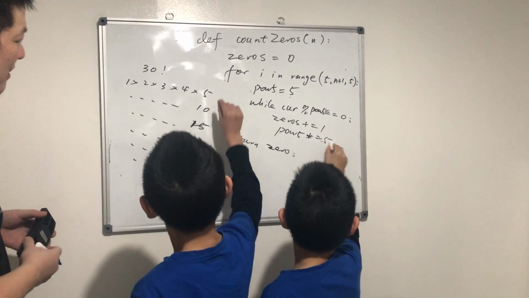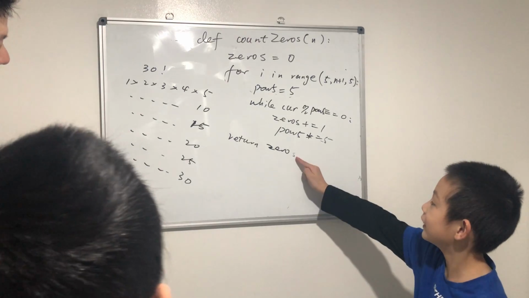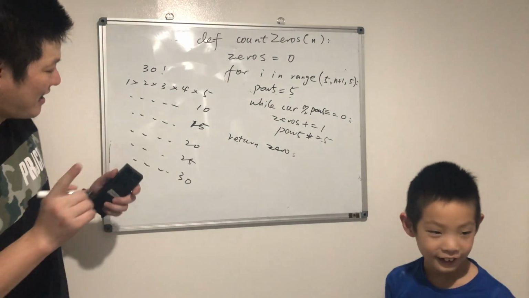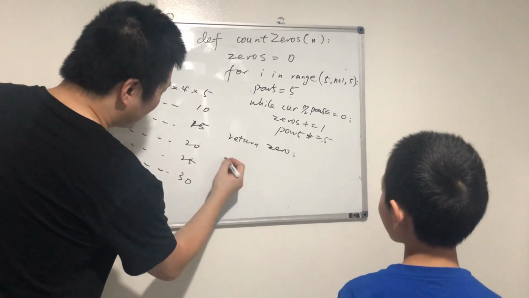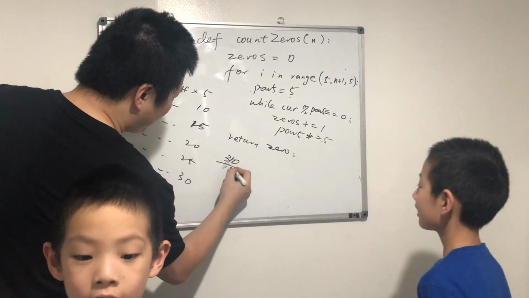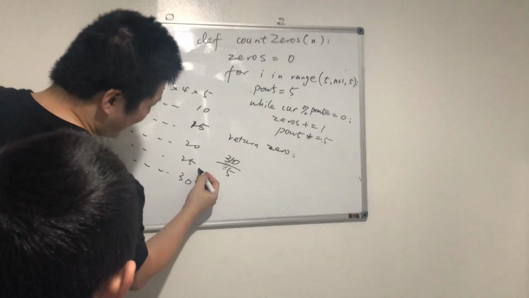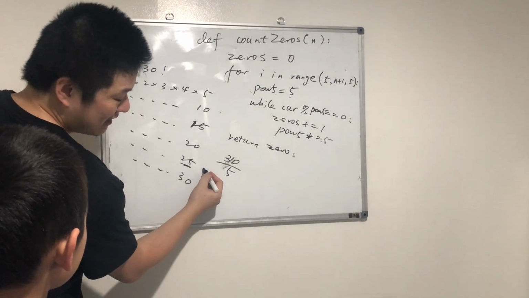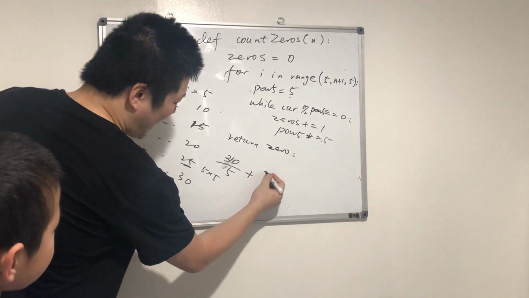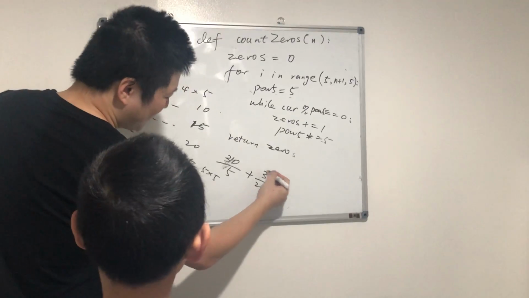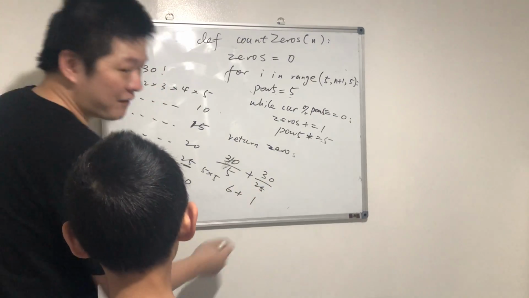How many 5s? Probably 6, but not exactly. You need 30 divided by 5, that's 6 5s. But this one, 25, has another 5 times 5. So I need to add 30 divided by 25, which is 1, only the integer part. So it will be 6 plus 1 equals 7.